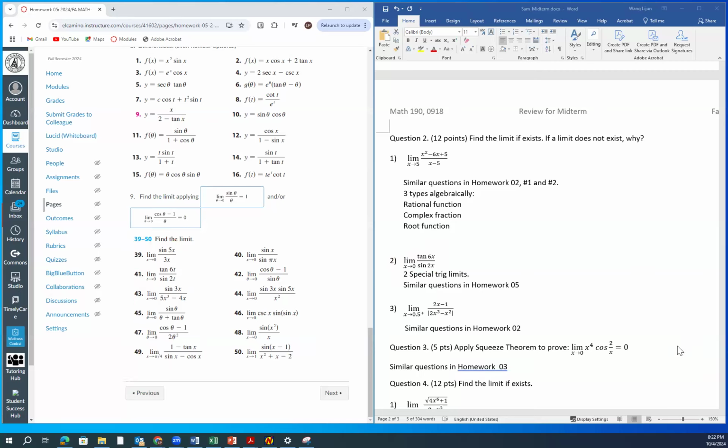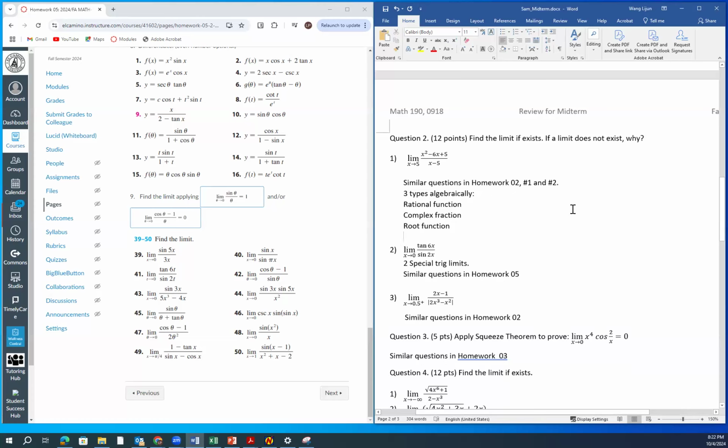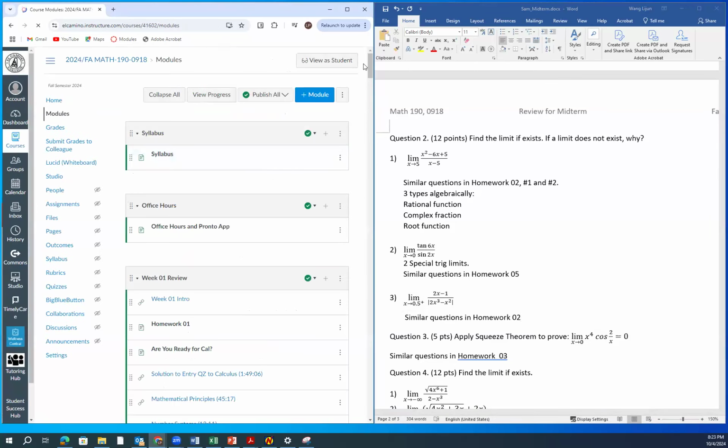The third limit, each limit I have chosen to put on the test is very specific, because the test has to be long enough but short enough. The third question covers homework number 2, so we're going to go back to homework number 2.